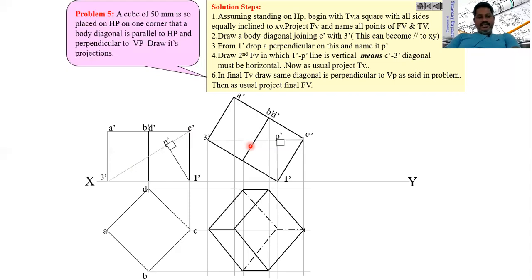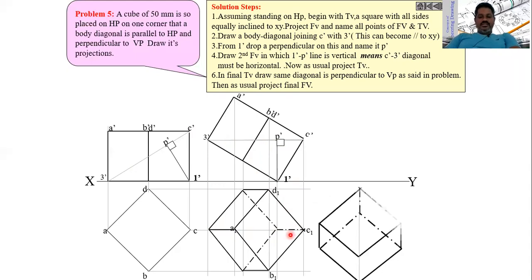Then the second condition is that the diagonal is also perpendicular to VP. Make sure that we draw the projections of the cube when the diagonal is perpendicular to VP. This is exactly our diagonal which is parallel to HP. Make sure that this diagonal is perpendicular to VP.